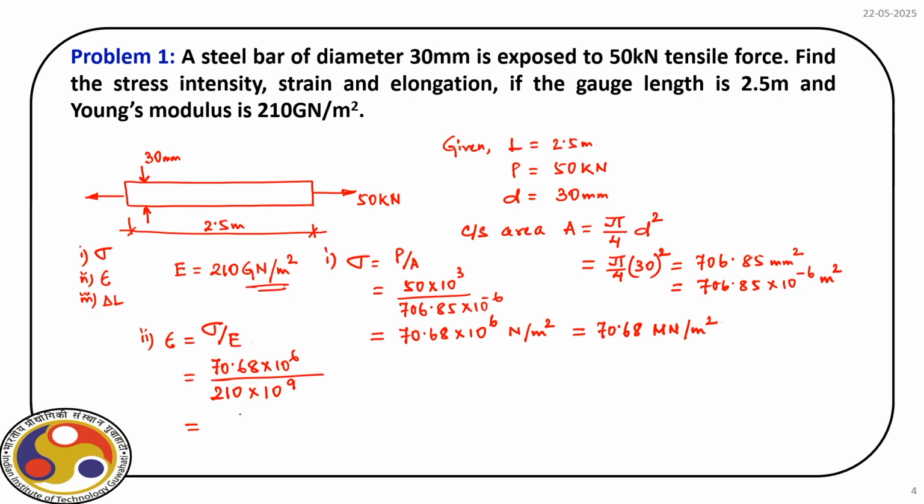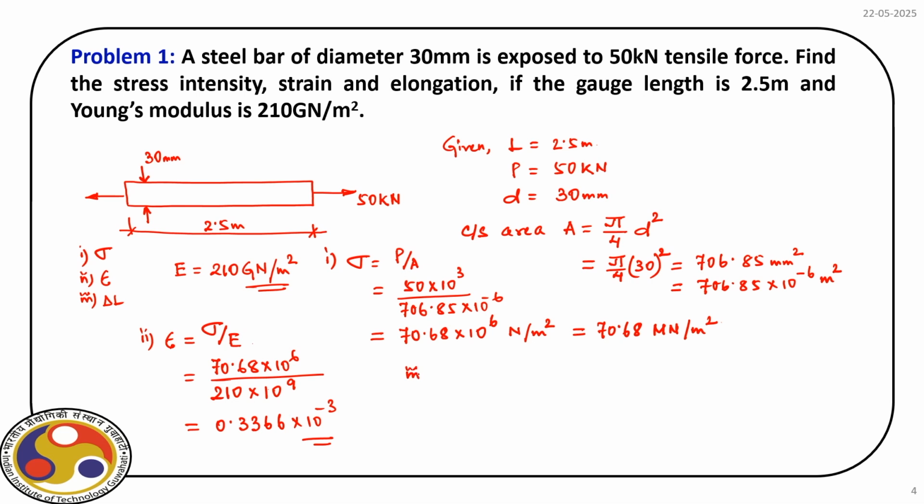Then if we solve it, we get 0.3366 into 10 to the power minus 3, and the strain is unitless. So, we have estimated strain. Now, this is a very small amount. Sometimes in field measurement, we express strain in microstrains. So, we can convert that, because in SI units those conversions are very simple.